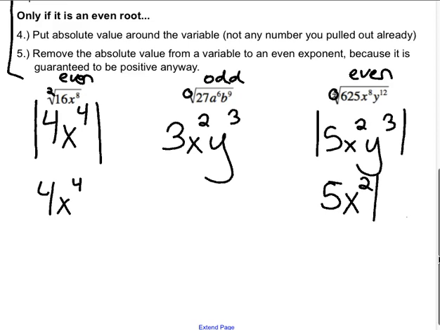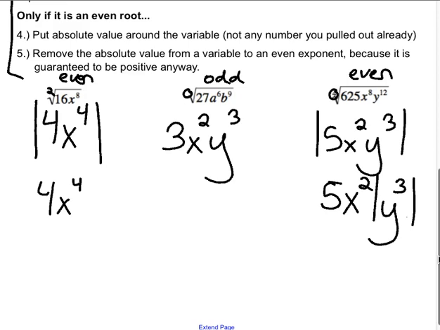So because its power is odd here on the outside, it needs to stay inside the absolute value because I need to guarantee that what I have there is positive. So that's the instance where the absolute value matters, when once you pull it out, if it's an odd power, now you have to guarantee me that you're dealing with a positive value. So that's where this starts becoming really important that you do that step.